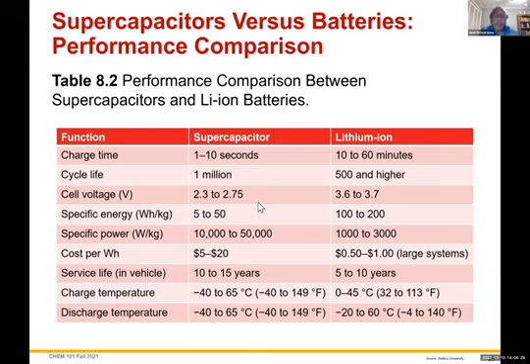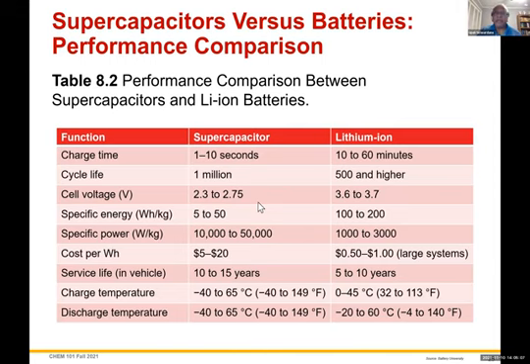Therefore, there's an advantage in using supercapacitors along with lithium ion batteries to increase the service life and decrease the cycle load on the lithium. Temperature-wise, supercapacitors also have a much higher range than lithium ion batteries.